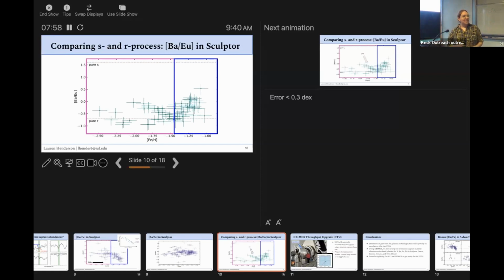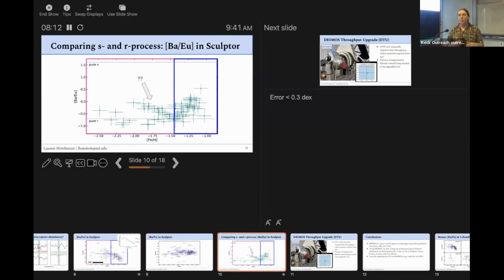One thing I also think is kind of fun to point out that we get to see when we have so many measurements is there's more structure in this data than when we more sparsely populate it. And so there's this weird decrease from metallicities of -2 to -1.5. And of course, without comparing these measurements more quantitatively to models, it's hard to predict what's actually going on here.